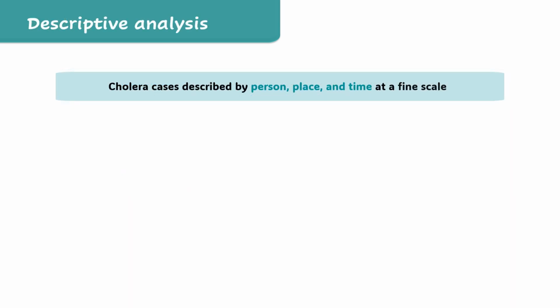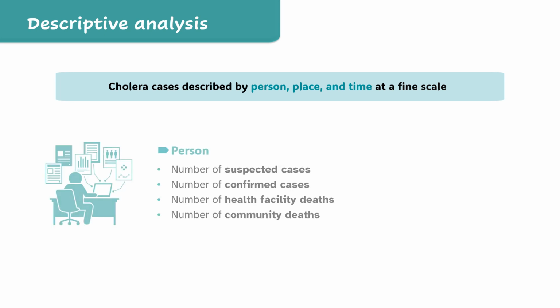The analysis of the data focuses on describing the cases by person, place, and time at a fine scale in space and time. Key figures to describe the cases by person include the number of suspected cases, the number of confirmed cases, the number of health facility deaths, and the number of community deaths.